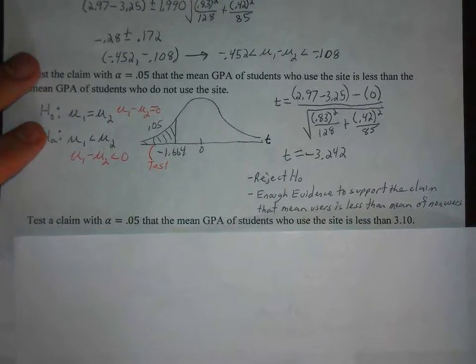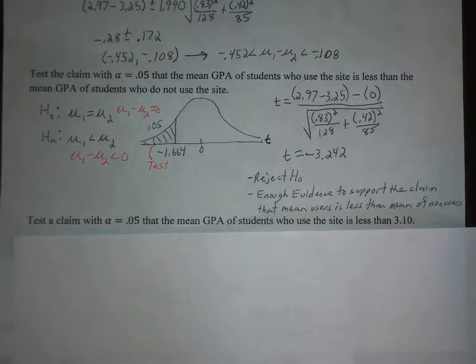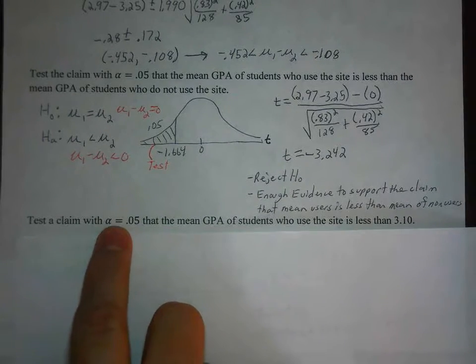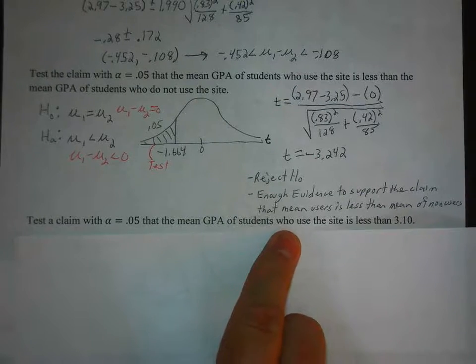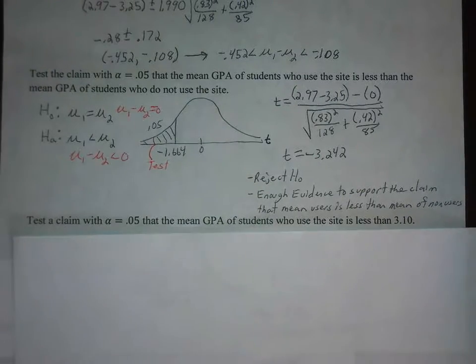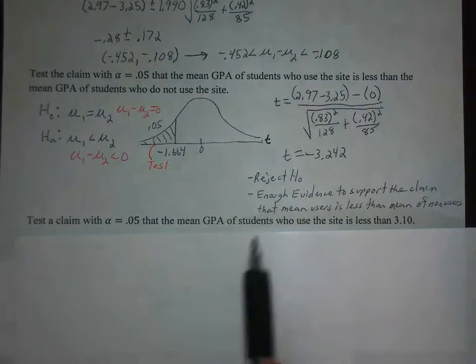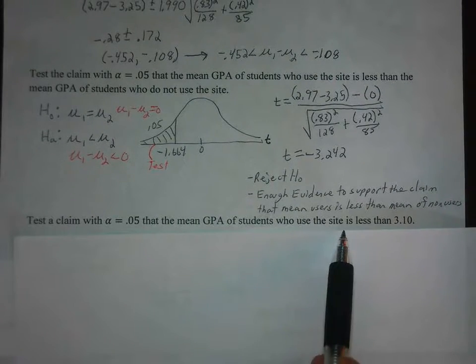Okay, and I just want to do this last one here to really point out the difference in comparing two means rather than just using one mean. Test a claim with alpha equals 0.05 that the mean GPA of students who use the site is less than 3.1. So here when we read this one, it says nothing about those who do not use the site.